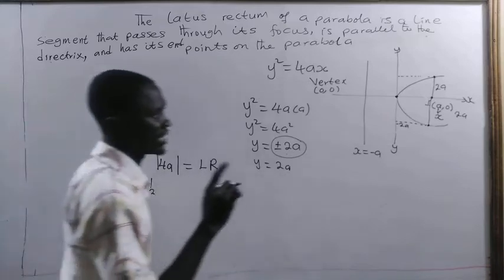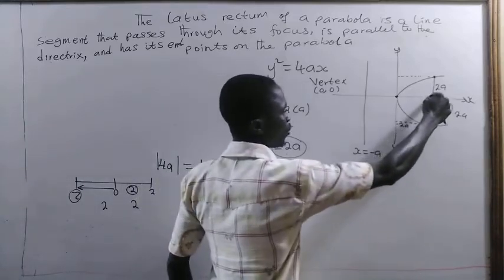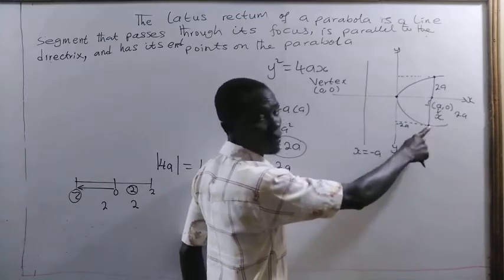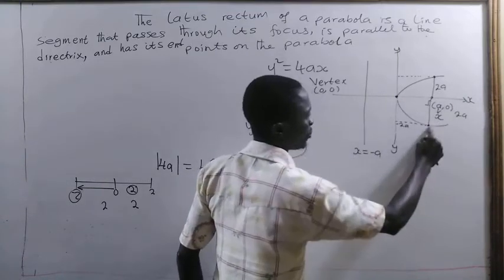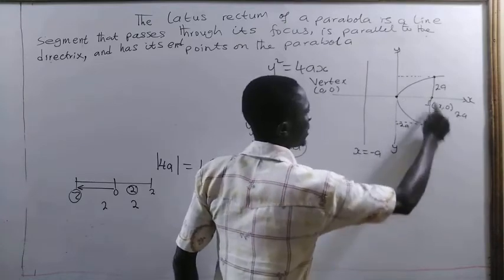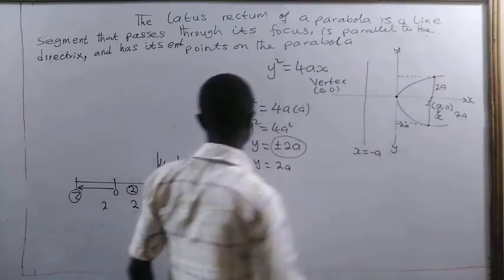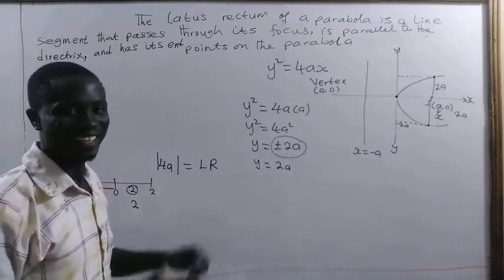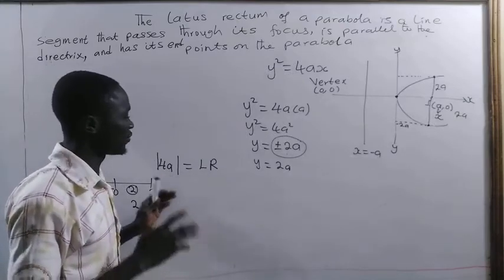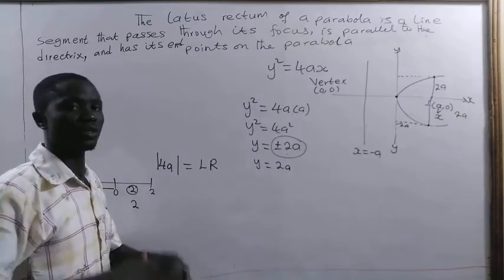So here we are considering the distance from the focus to the parabola, or the distance from the axis of symmetry to the parabola. The distance here is 2a, and the distance here is also 2a. So if we add, we are going to get 4a, and that is the length of the Latus rectum.